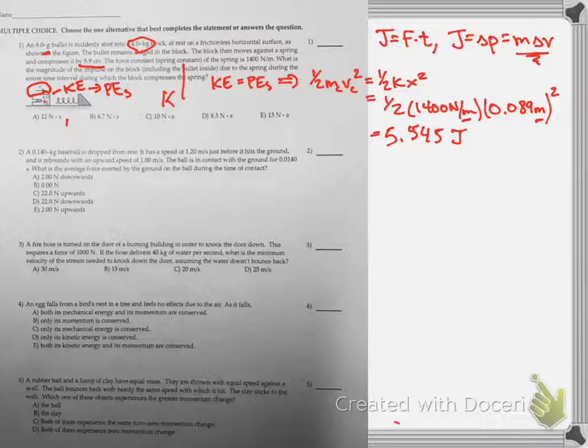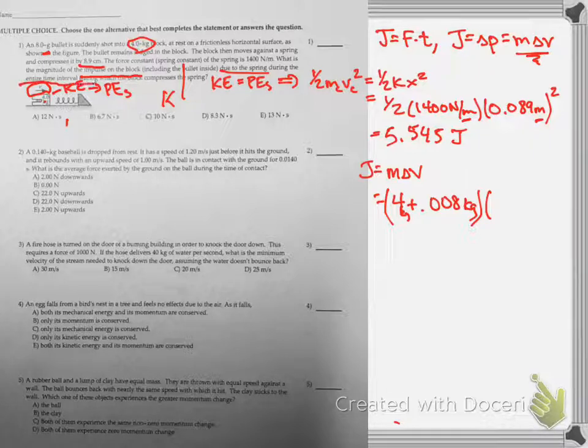Now you can look at the impulse on the block due to the spring as M delta V. M is the combined mass, so it's 4 plus 0.008 kilograms times delta V, during which the block compresses the spring. V final there is 0.